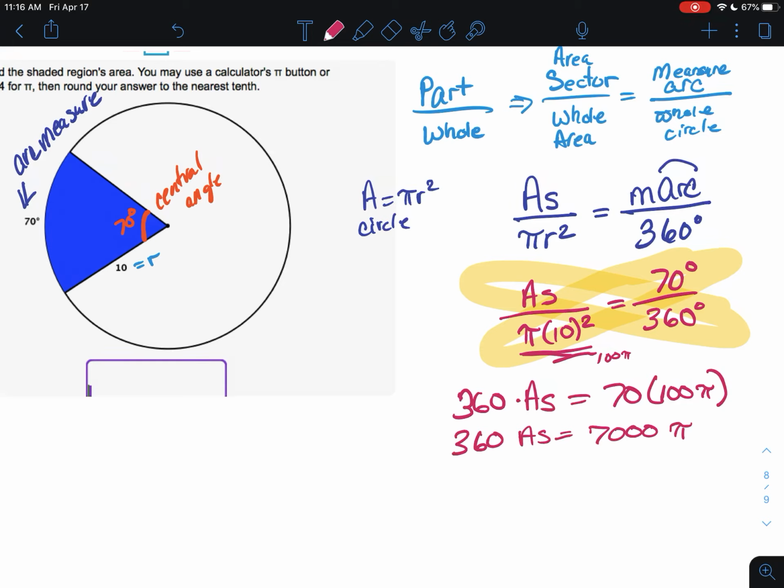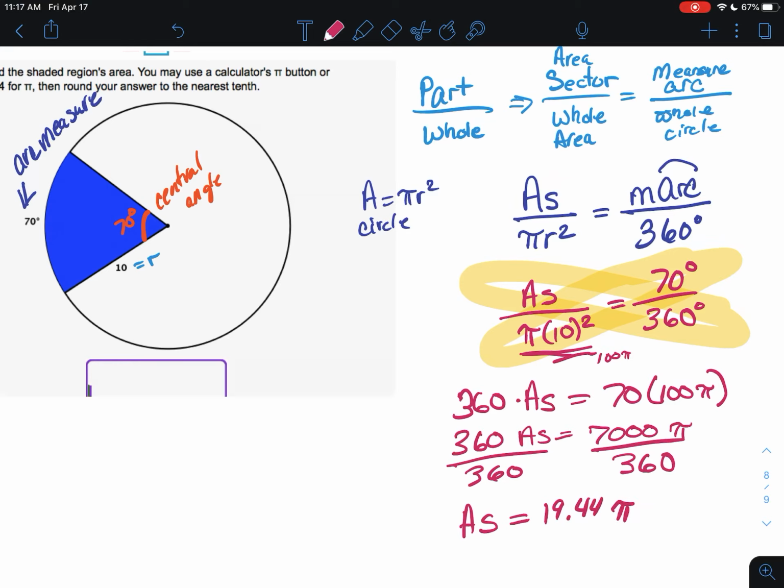You can either calculate that out or not. You can approach it in multiple ways. Divide by 360. So the area of the sector is 7,000 pi divided by 360, which gave me 19.44 pi.